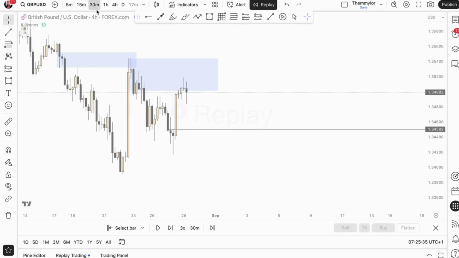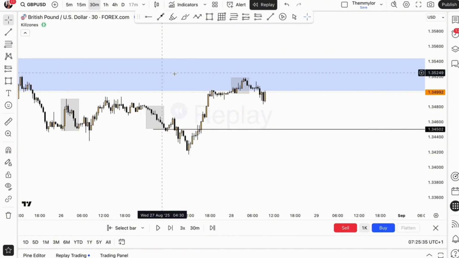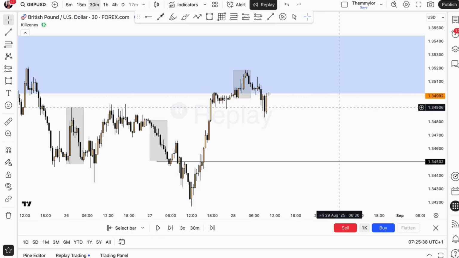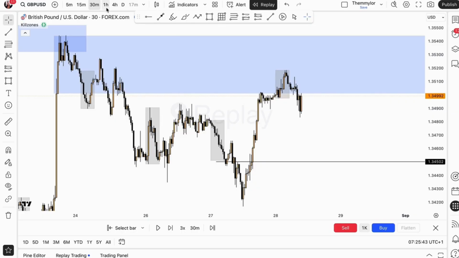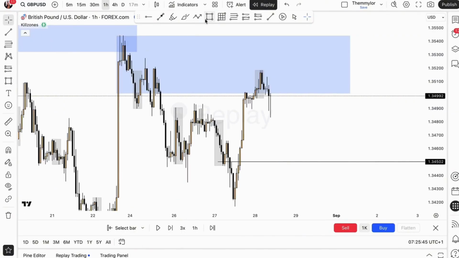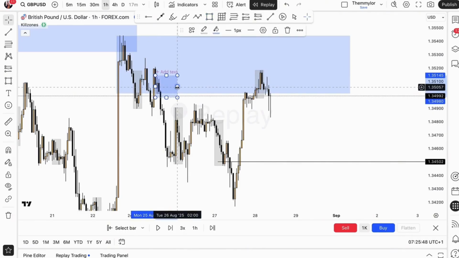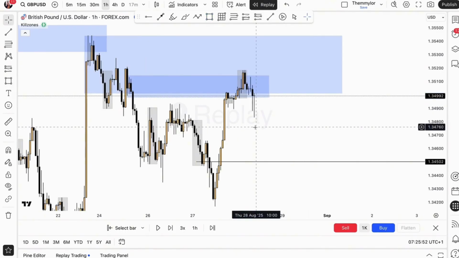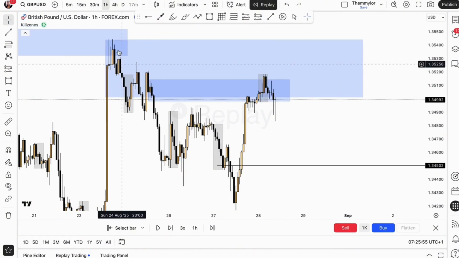Moving down to about the 30 minutes time frame on Thursday, coming to the chart, this was the London session, and as you can see from the 1 hour time frame, this particular zone was supposed to be the zone where the sell trade is supposed to happen from, because all these other zones have been mitigated.